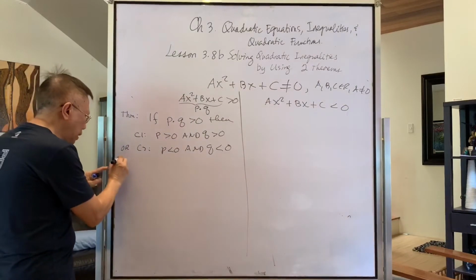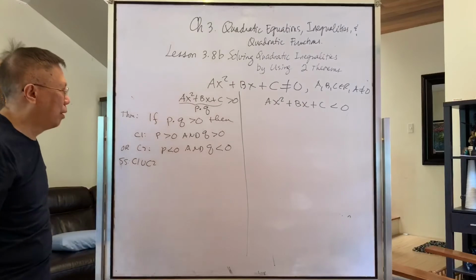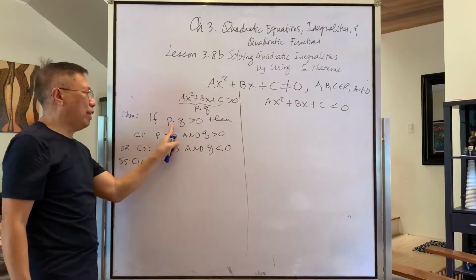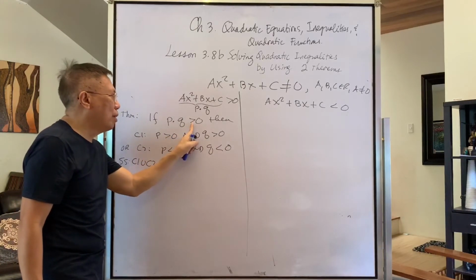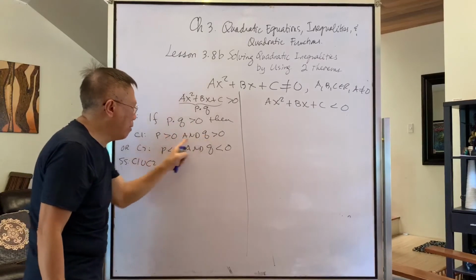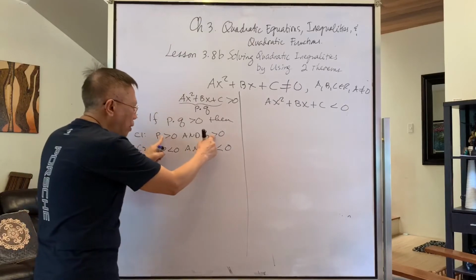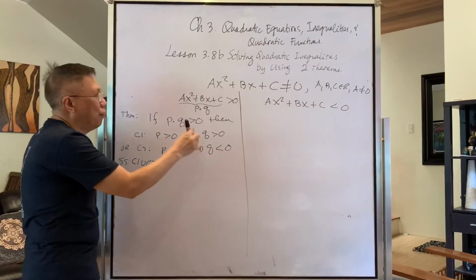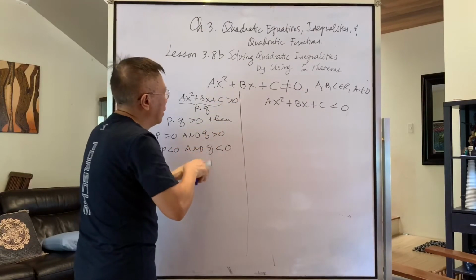And the solution set will be case 1 union case 2. What is this theorem trying to tell us? If we are solving a quadratic inequality which is greater than 0, both the factors should have the same sign for the cases. So either both are positive or both are negative for us to have a positive product.